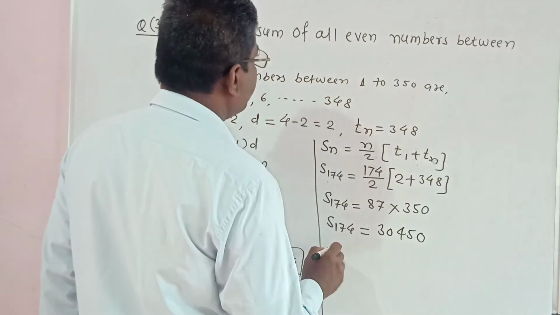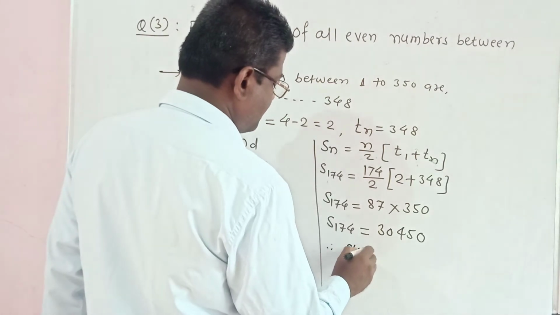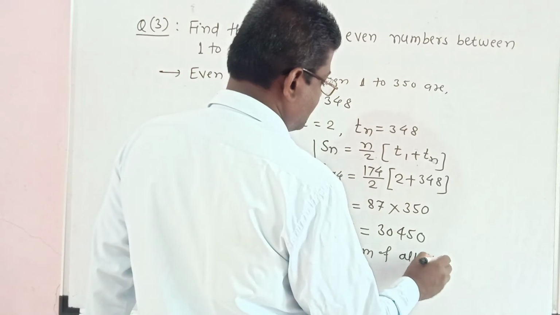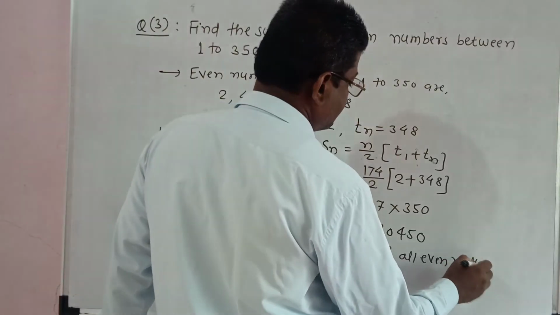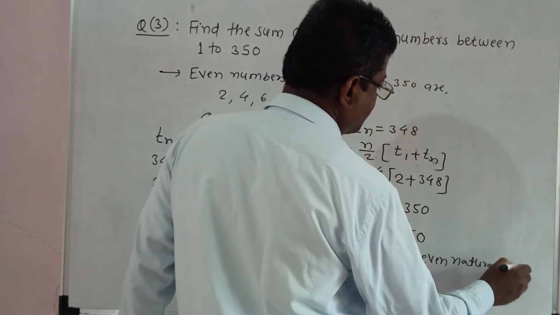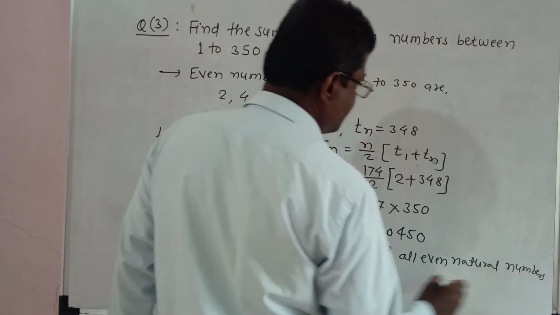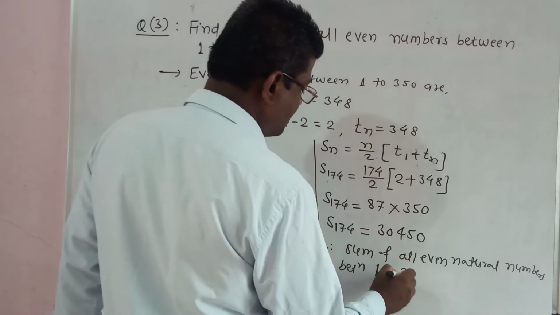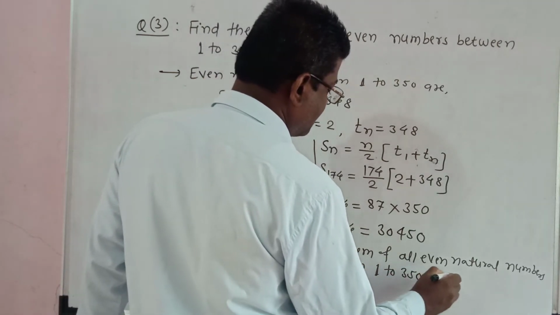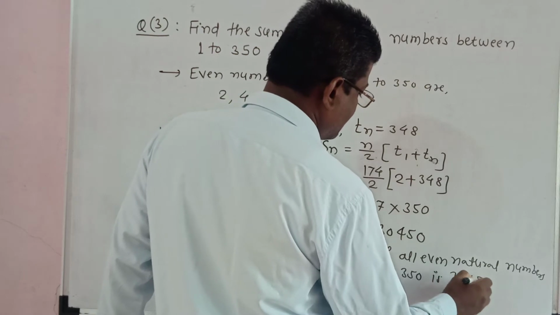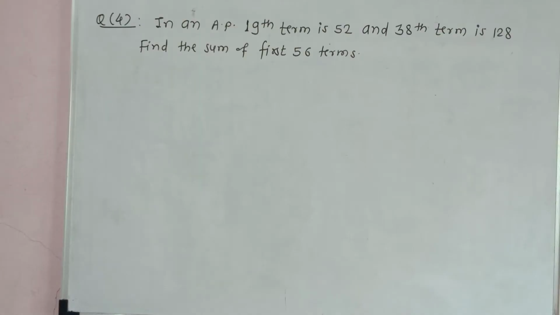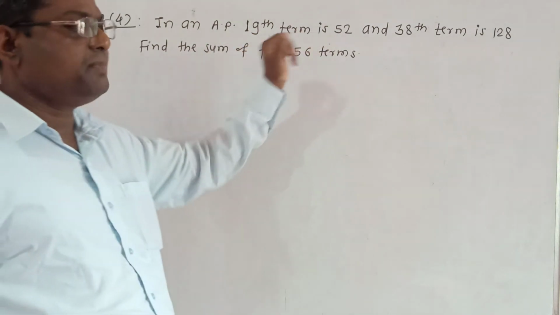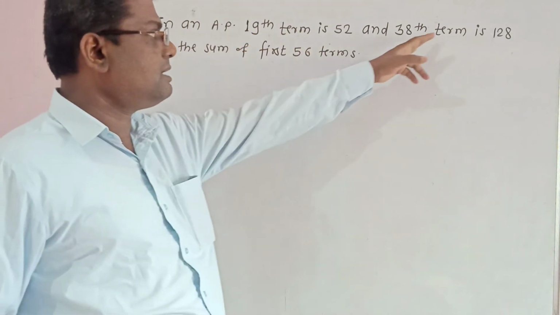Therefore, we write here the sum of all even natural numbers between 1 to 350 is 30450.